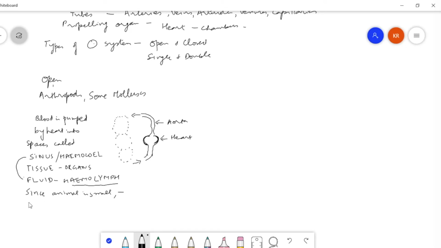And also, when the animal moves or locomotes, then movement of the hemolymph takes place. So the hemolymph is circulated.